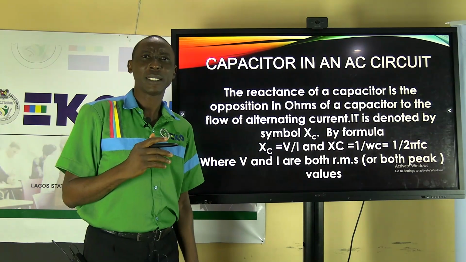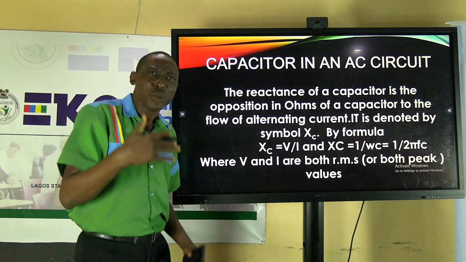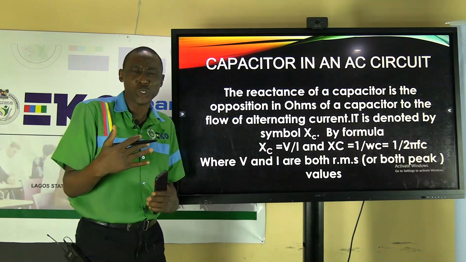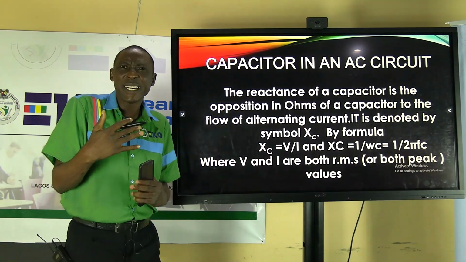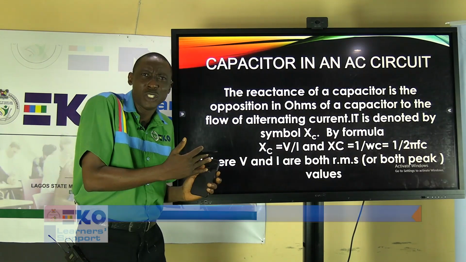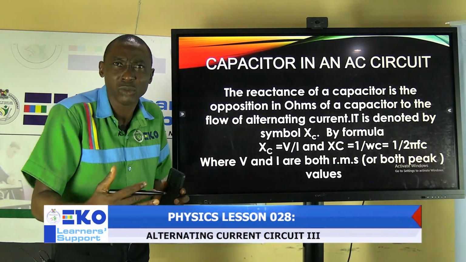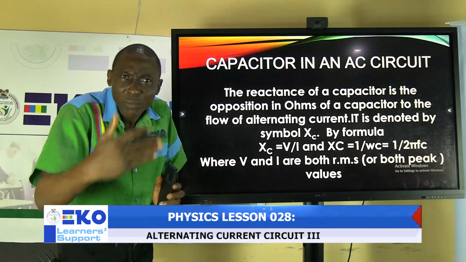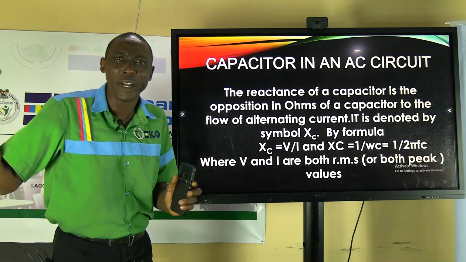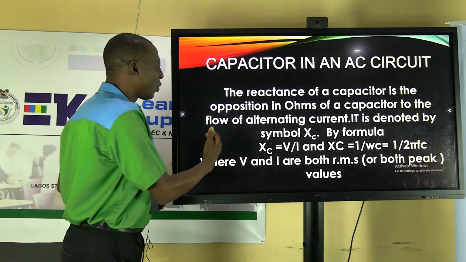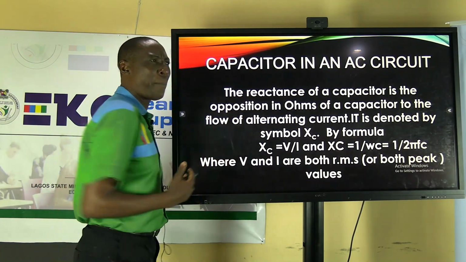Don't forget, when we say opposition, it's also functioning in terms of resistance. A resistor, in terms of DC, is also an opposition. It works against the flow of current. But here we are talking in terms of a capacitor.